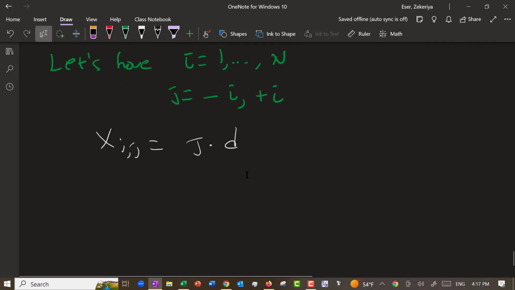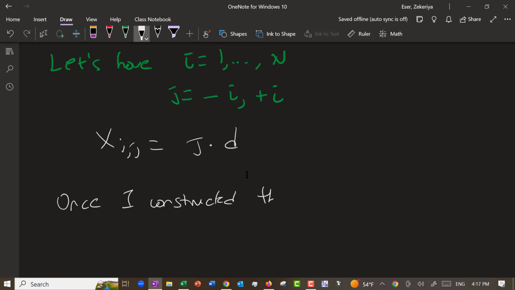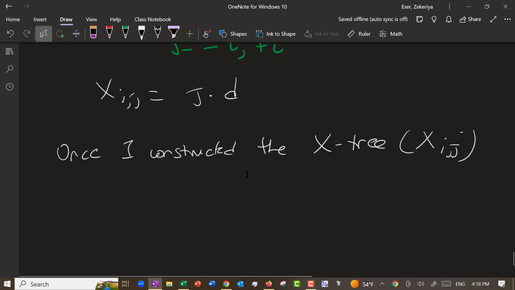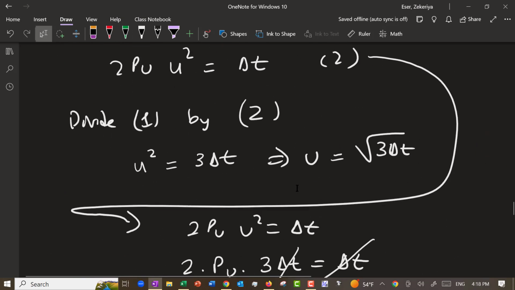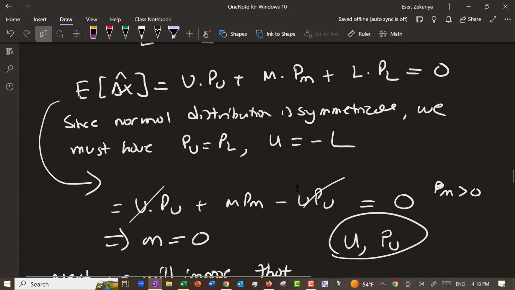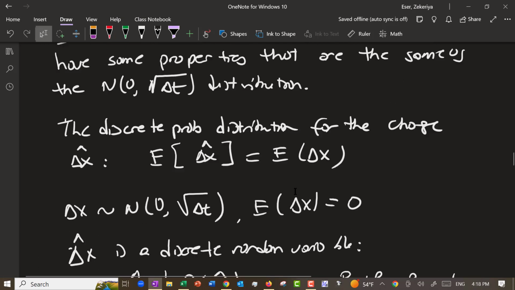Once I have the tree, calculating Sij is going to be simple. Just unwind this transformation, which is not difficult.